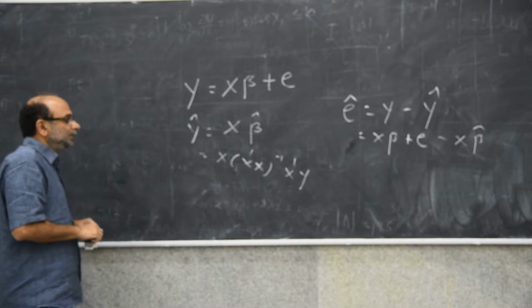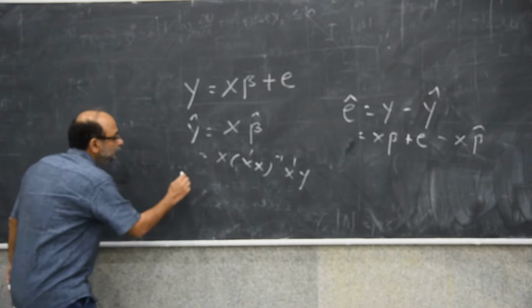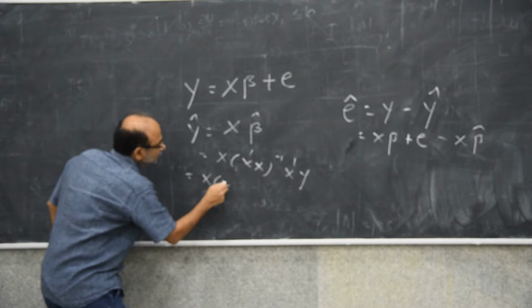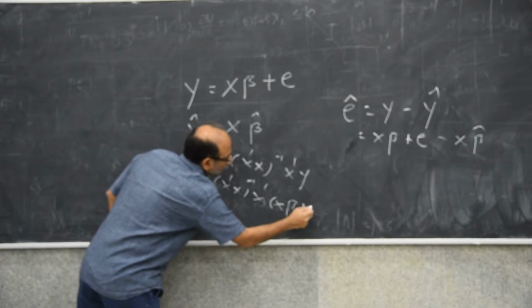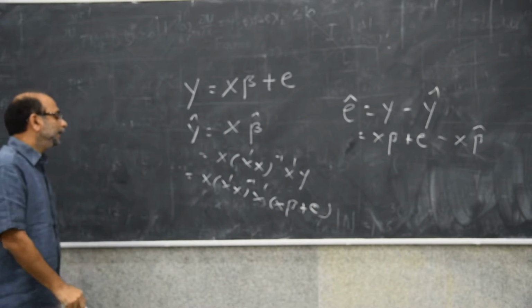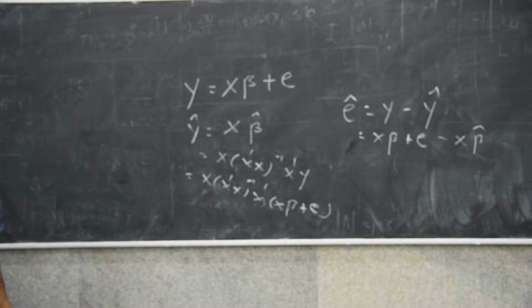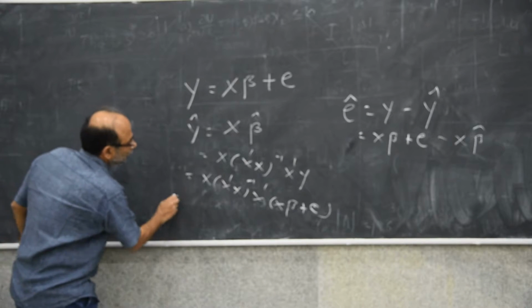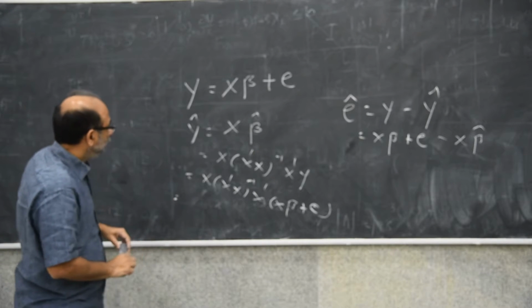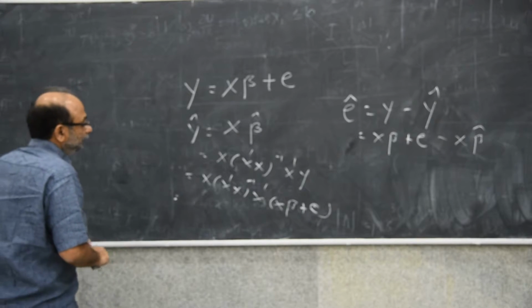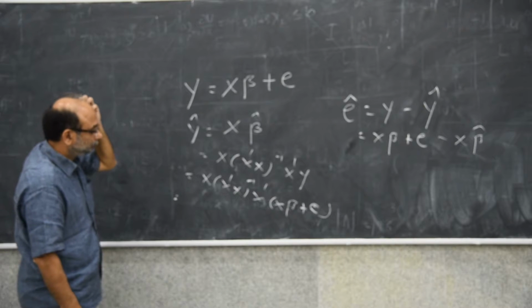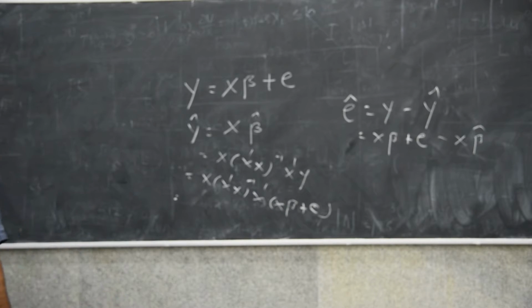So x into x dash x inverse x dash y, which is x into x dash x inverse x dash into x beta plus e. So this is what we have as 1.